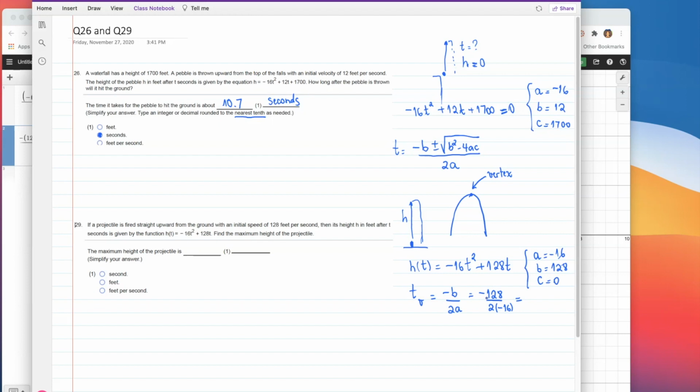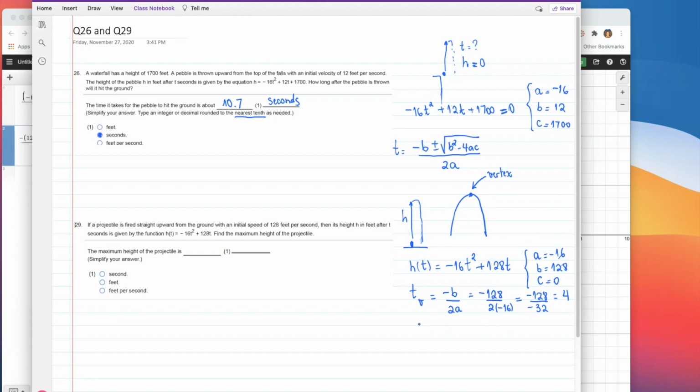So a negative divided by a negative becomes a positive. So this will be negative 128, and this will be negative 32, and this divided by that is the number 4. So after 4 seconds, it hits the highest peak for this projectile.